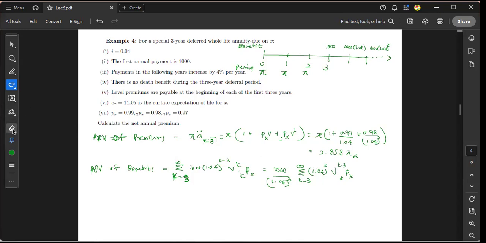I think it's easy to go the other way, like this. And now we have i equal to 0.04.